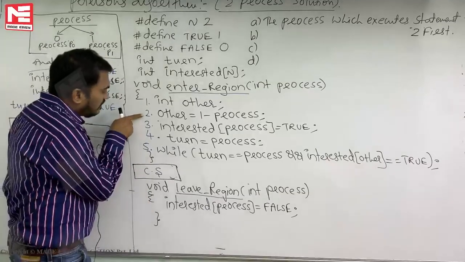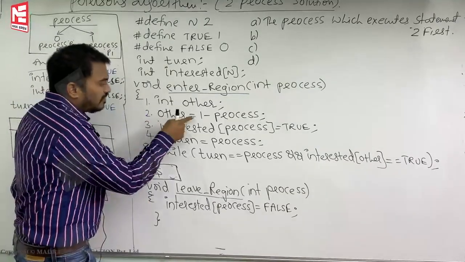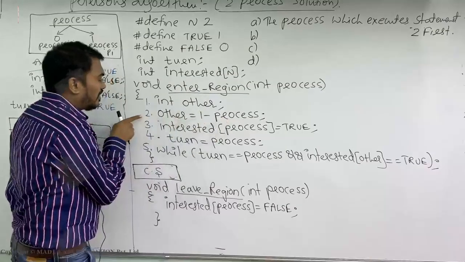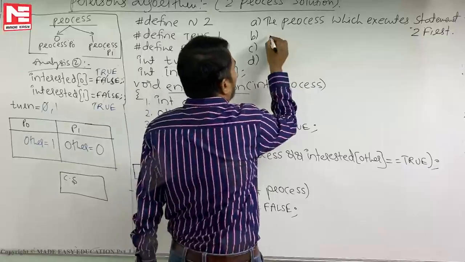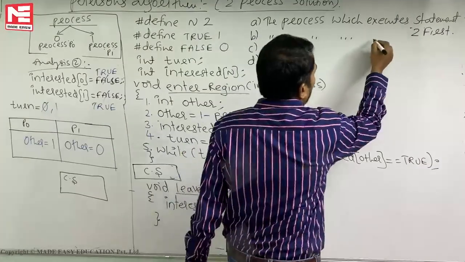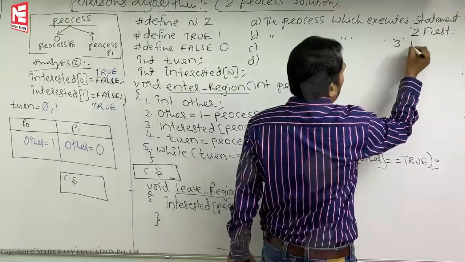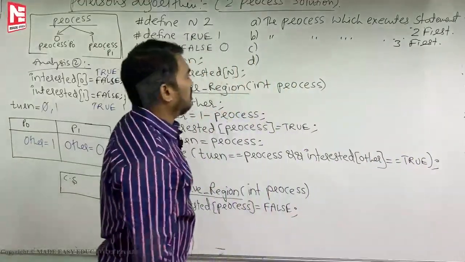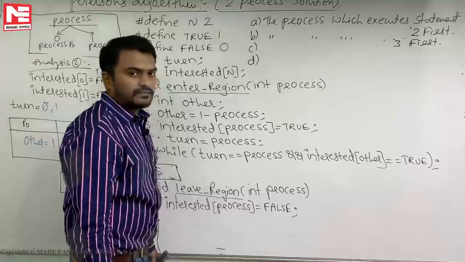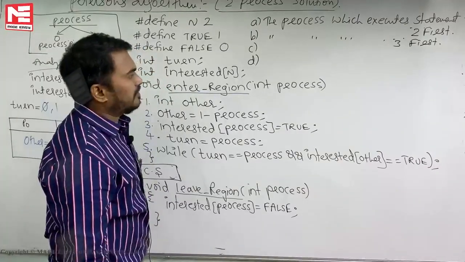Statement 2 means what? This one: other equal to 1 minus process. If this one is executed first, then that process will go first. Next, option B: the process which executes statement 3 first.